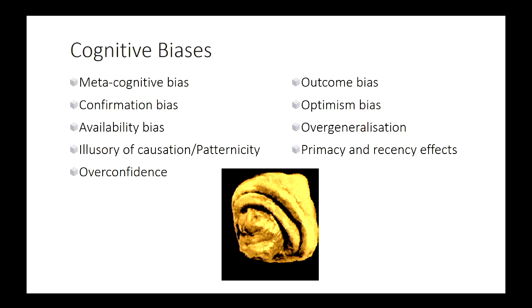Outcome bias is when you judge the quality of a decision once you've seen the outcome. Right? You say, look, this was a good decision. Look, it's led to so much profit. But you have to judge decisions based on the information that you had at that point. It may have been a bad decision, but it's just pure luck that you got these good results.